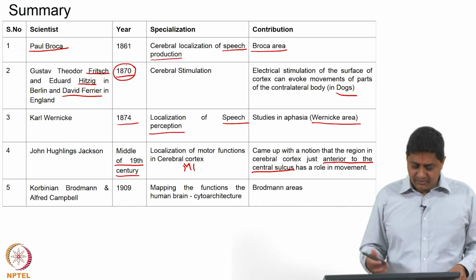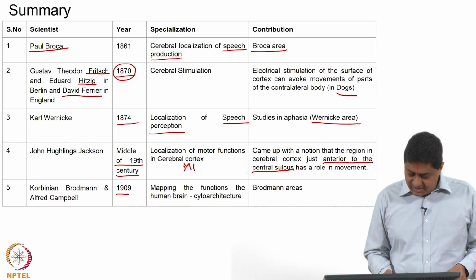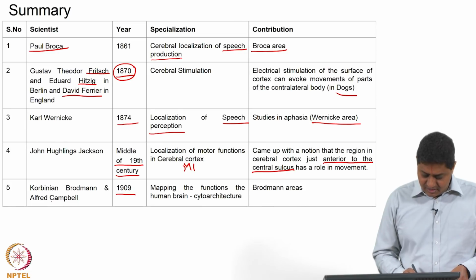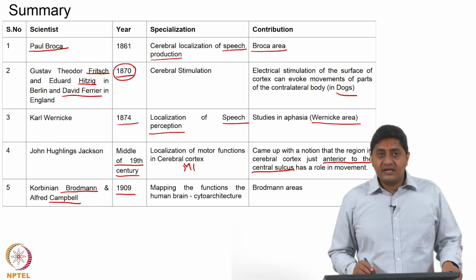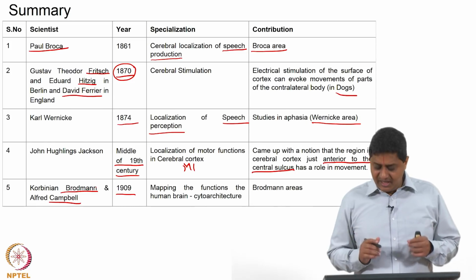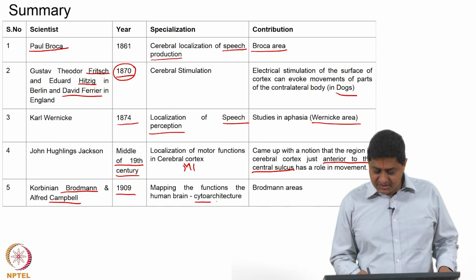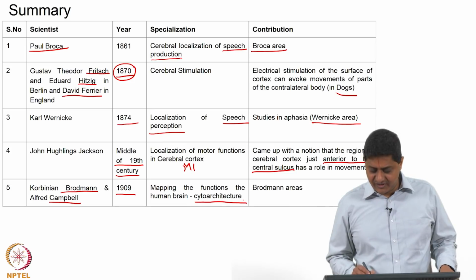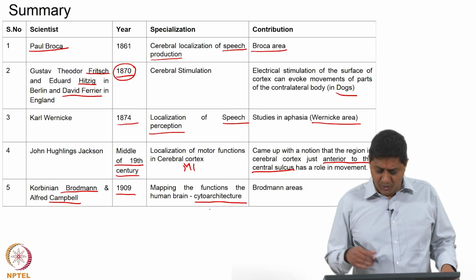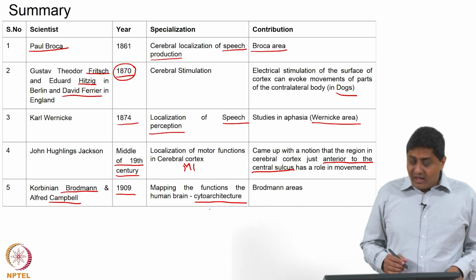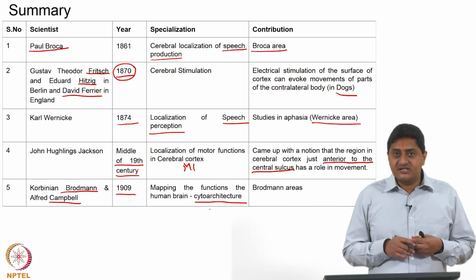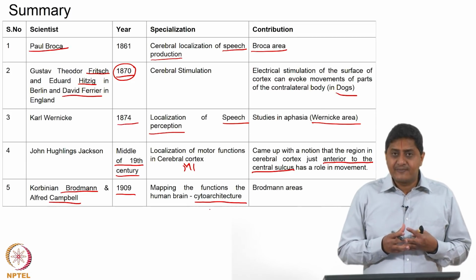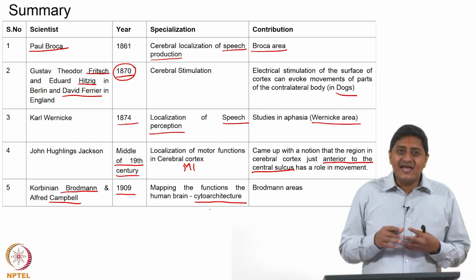And further, in the early 1900s, Alfred Campbell and Korbinian Brodmann classified different brain areas using approaches of cytoarchitecture or cytoarchitectonic procedures. And what they found was that the area just anterior to the central sulcus, or rostral to the central sulcus, was agranular.